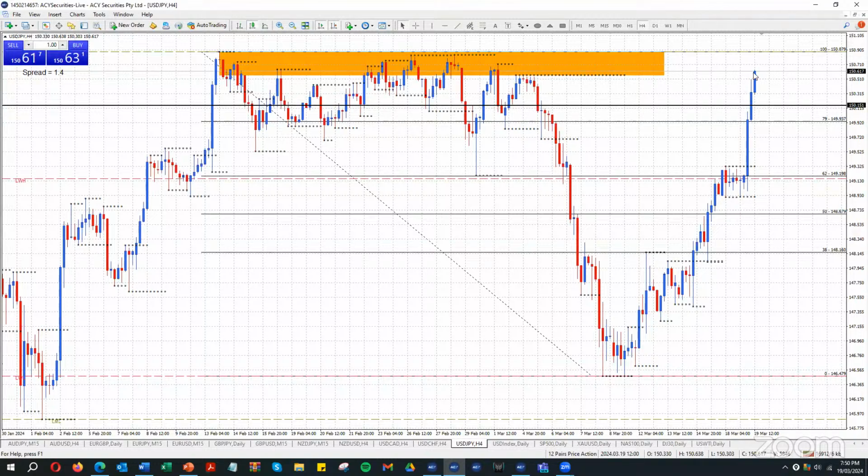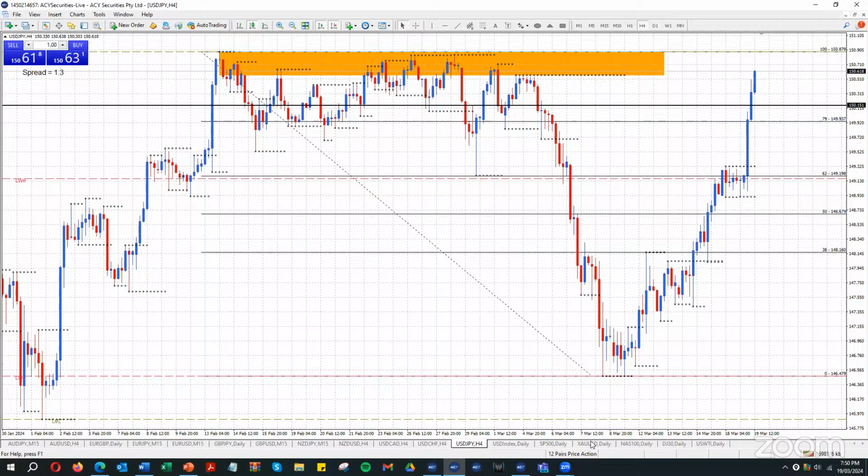If you want to be really aggressive, if it gets up to the highest point, you could sell there with a 100 pip stop, basing on the fact that you don't think it's going to move through too much, and you want to try and sell the top of the market. Of course, you're not waiting for any confirmation. You just want to sell at the clear resistance area in anticipation that it's going to hold. Or you can stand back and wait for some kind of price pattern set up to go short, okay?